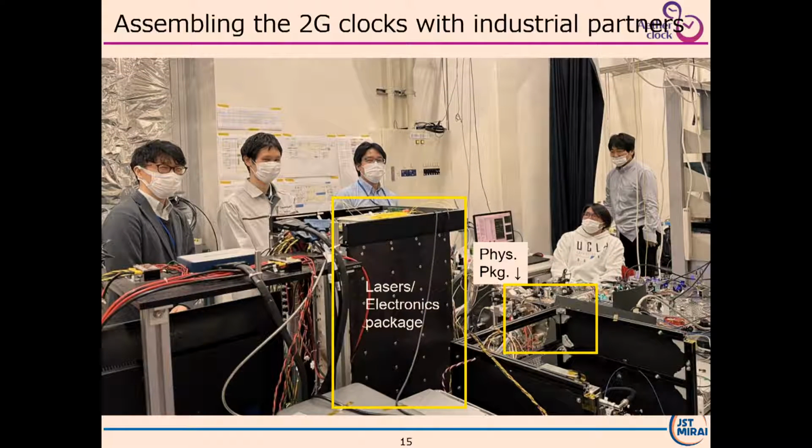So this is a photo of assembling our second generation clock with industry partners. This is the new laser and electronics package, very small. And our new physics package is even smaller.